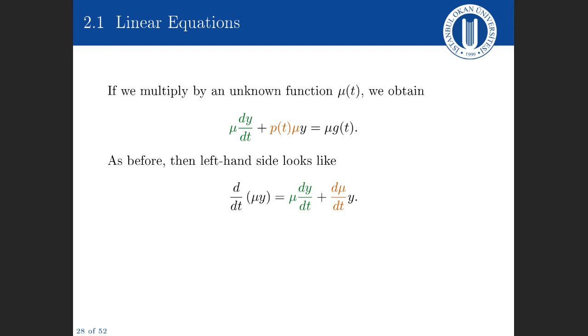In green, we have mu dy/dt in both equations. In orange, we have p mu in the first equation, d mu/dt in the second equation. We want these two to be the same. So we want to choose the special function mu so that d mu/dt is equal to p multiplied by mu.